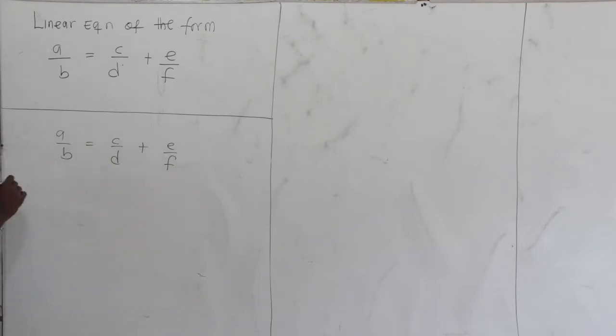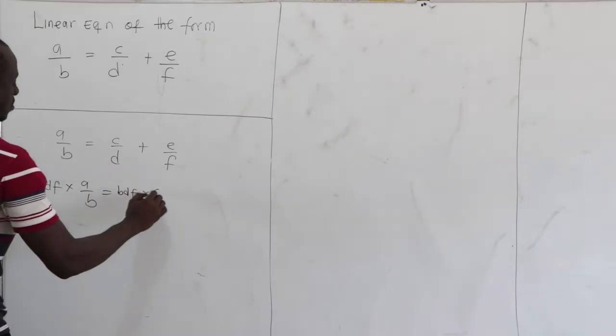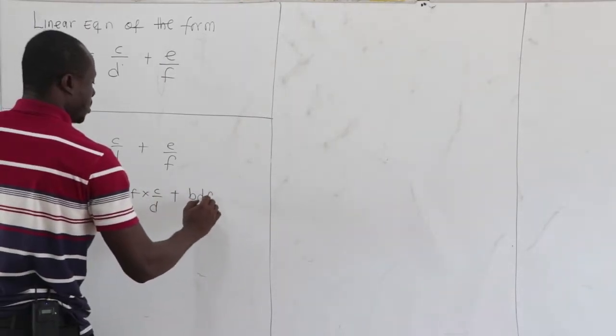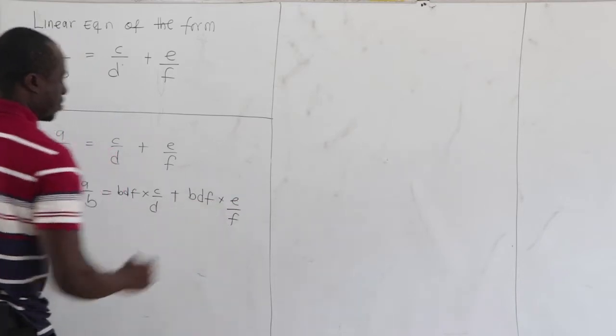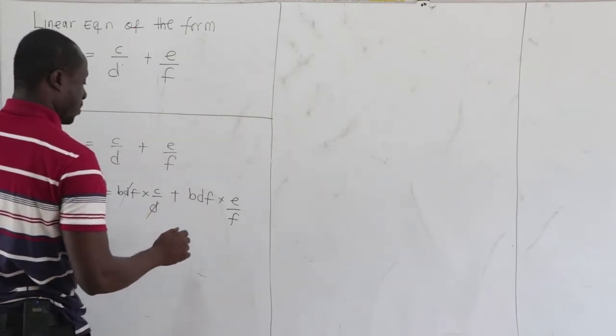So in our next equation, that is BDF times A over B. We have BDF times C over D. We have BDF times E over F. Now, what can we see? This B is cancelling out the first B. You have the D cancelling out the second value.